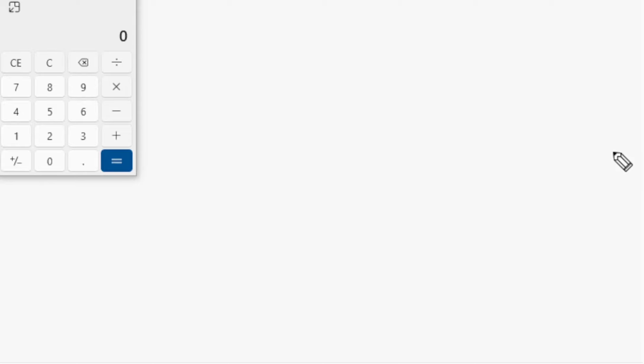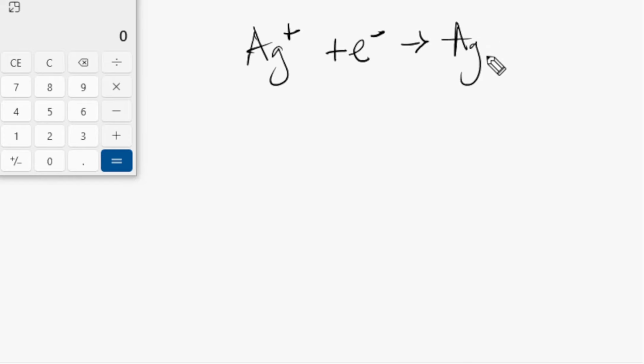So we are given already the atomic mass of silver to be 108. So guys, with this, we know that silver ion gains one electron to yield silver solid.